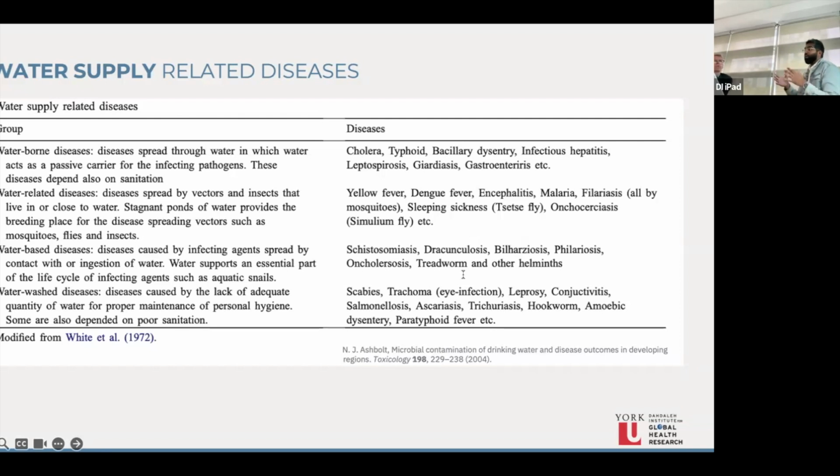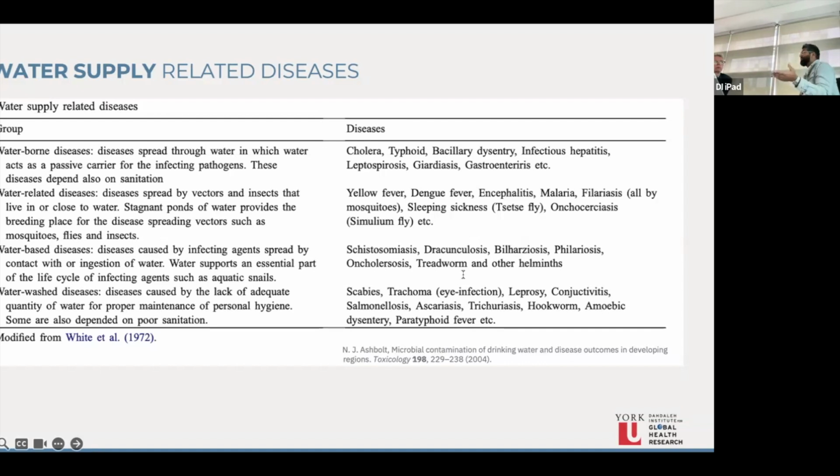There are also water-related diseases, which are diseases spread by vectors and insects that live in or close to water, so dengue or malaria in the case of mosquitoes, right? Water-based diseases are those that have an infecting agent that's spread by contact with or ingestion of some other infecting agent's part of the life cycle. An example is aquatic snails in water supplies that can infect people and spread schistosomiasis.